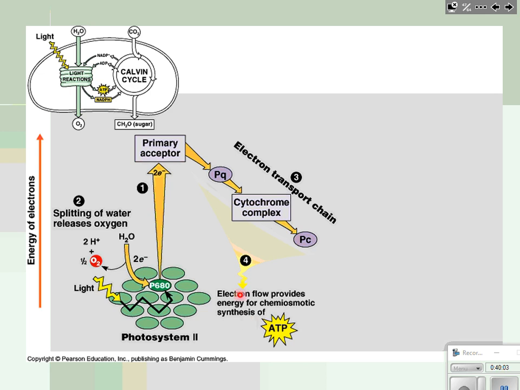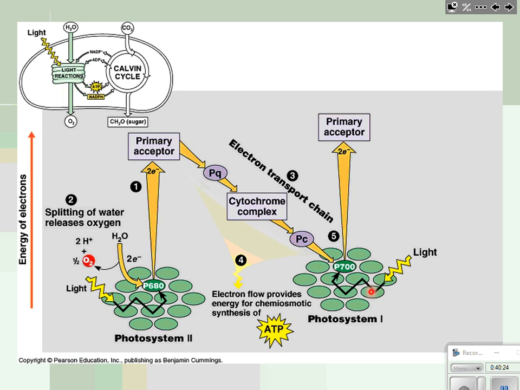So we'll get to that. I'll come back to that. But basically what has happened so far, light energy has excited a couple of electrons. They have left photosystem 2. They have passed down the electron transport chain. And now those same two high energy electrons are going to reach their destination, which is photosystem 1.